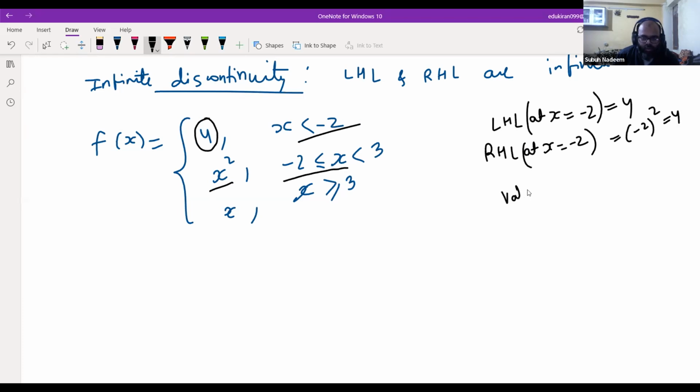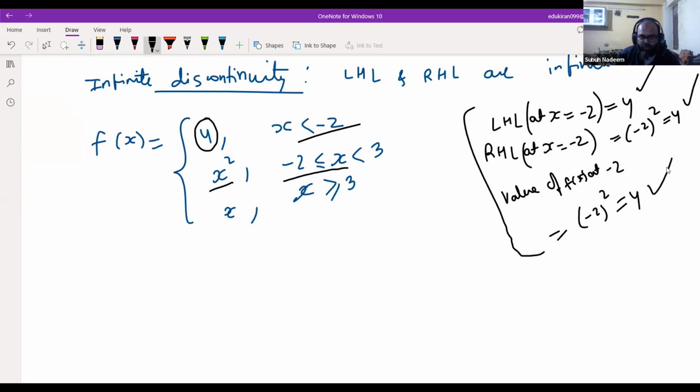And the value of f x at minus 2 will be x square, that means minus 2 square, that will be 4 again. If you see the left hand limit, right hand limit, and value of the function at minus 2, all of them are equal. So it is continuous at x is equal to minus 2.